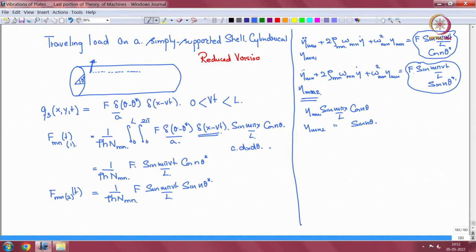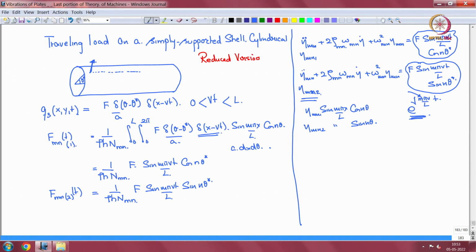Actually this has the look of a harmonic e to the power of j m pi v by L into t. So you could perhaps still try a harmonic solution where the frequency changes with every m. You could try that. I have not done that, but it just occurred looking at the form, and you can get the answer.